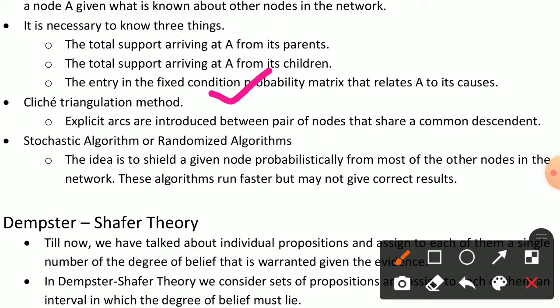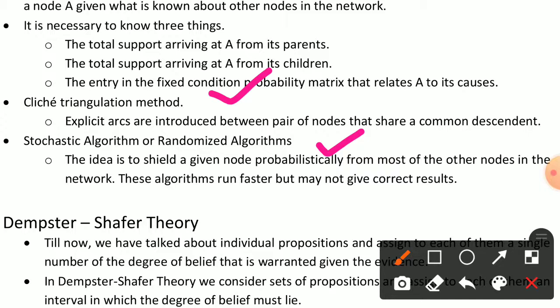Now third method is stochastic algorithm or randomized algorithm. For the word randomized, we can say that here we can take some random node and find out the result. Okay, so the idea is to select a given node probabilistically from most of the other nodes in the network, and this algorithm runs faster but may not give the correct result.